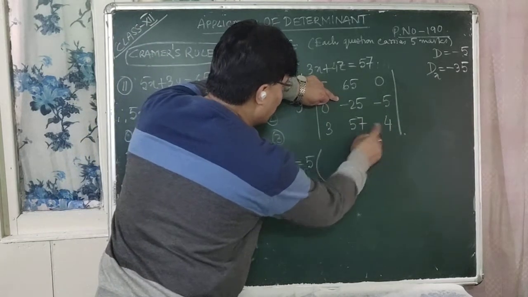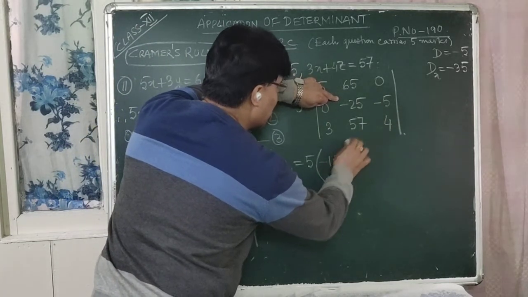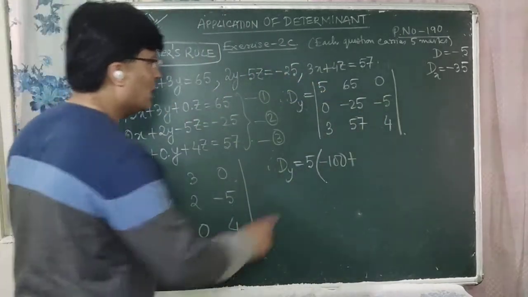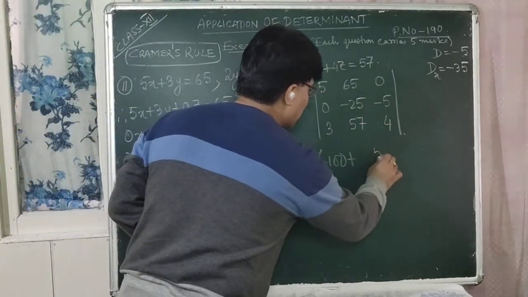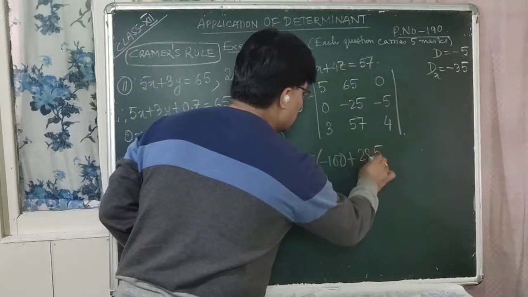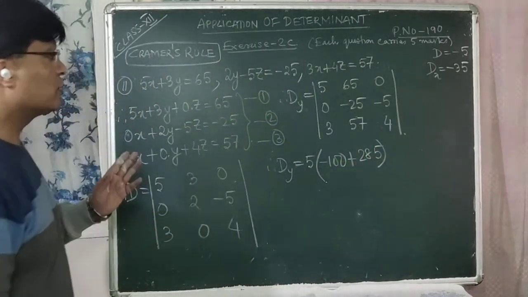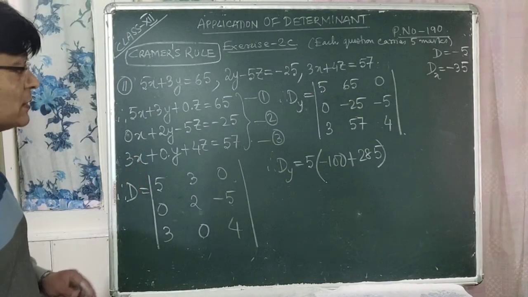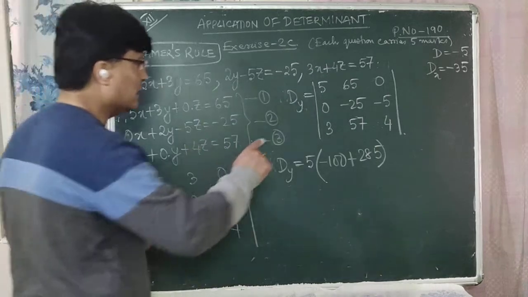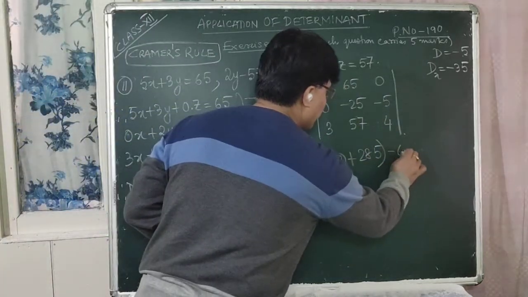So minus 25 into 4, minus 100, minus 2 minus plus. Now multiply 57 by 5. 5 7s are 35, 3. 5 5s are 25 plus 3 is 28. Right? So this is minus 100 plus 285. Okay?